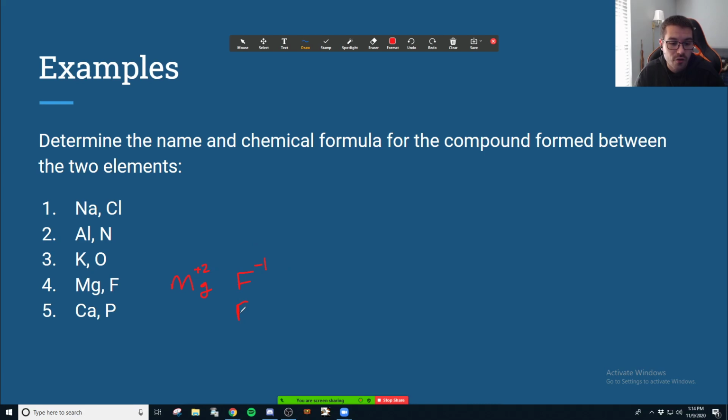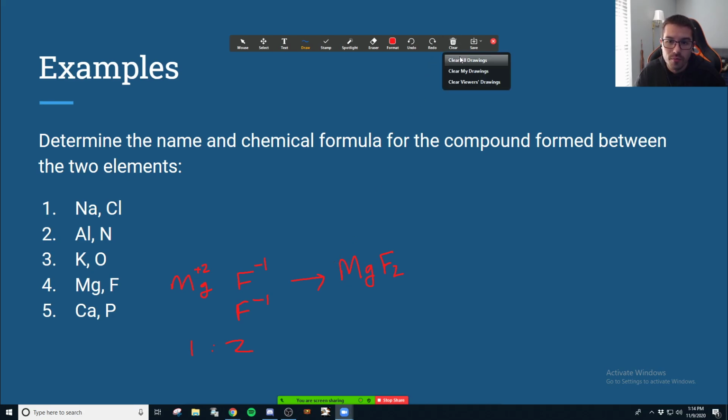What if I have another fluorine? That works. 2 -1s will counteract a +2. This is a 1-to-2 ratio. So my formula is MgF2. 1 magnesium and 2 fluorines. This formula here has an overall charge of 0. And that's what has to happen in order for your formula to be correct.